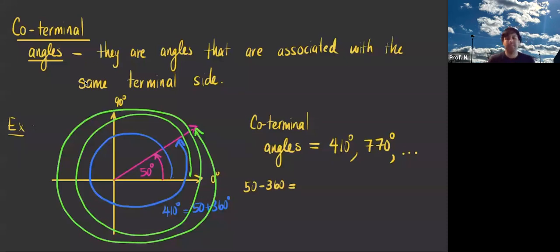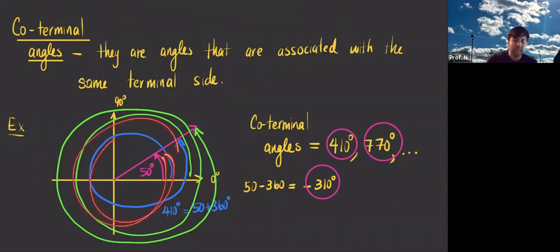So 50 minus 360 is negative 310 degrees. So all of these angles here, guys, all of them, these are coterminal angles to what angle? To 50 degrees. And again, I can subtract 360 again, and subtract another 360 to get more coterminal angles. There's an infinite number of coterminal angles.